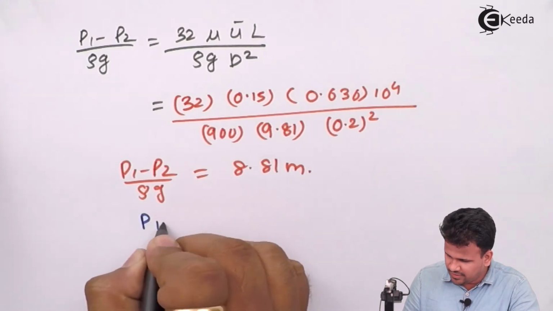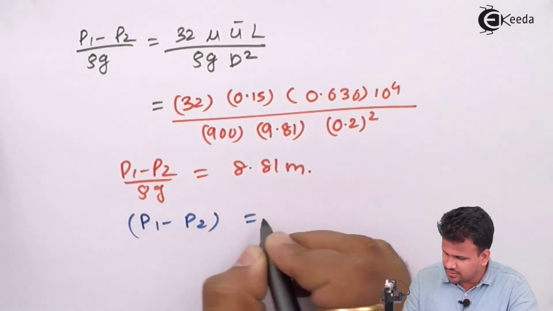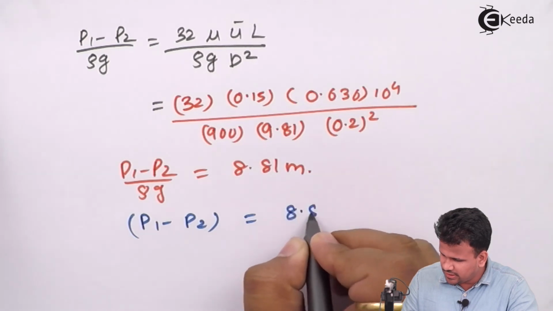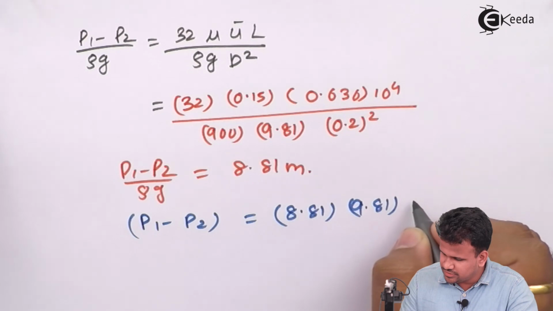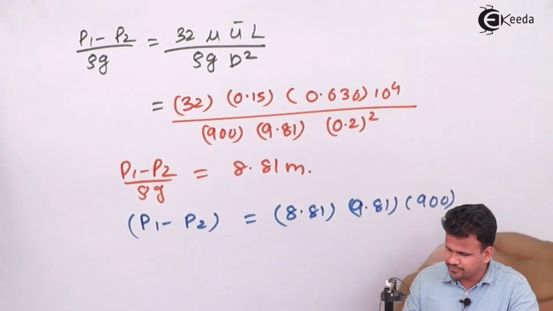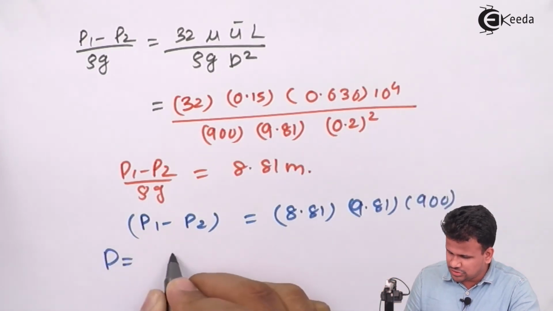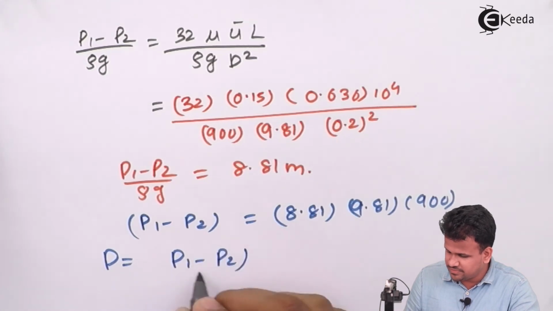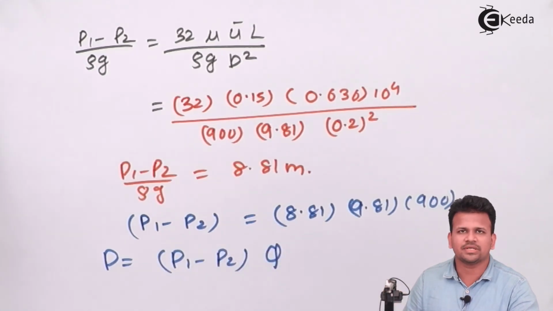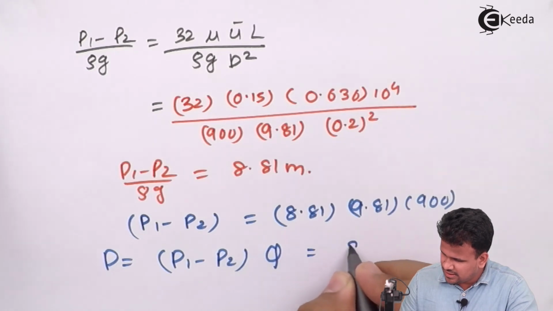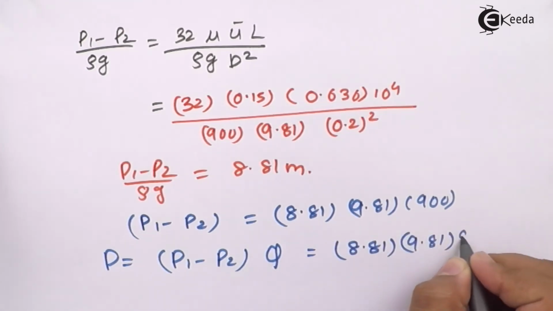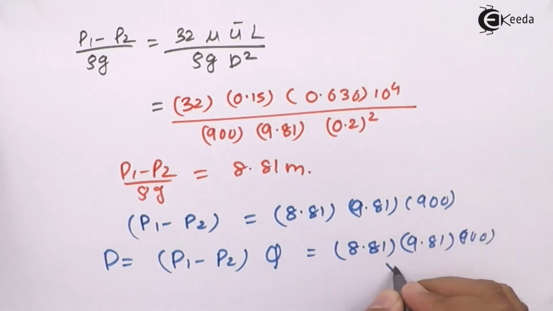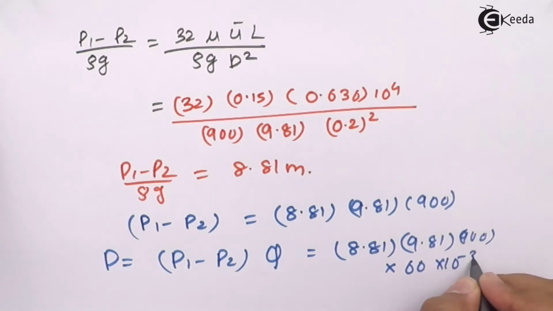P1 minus P2 will be equal to 8.81 into 9.81 into rho, which is 900. The power can also be calculated as P1 minus P2 into capital Q, so this is 8.81 into 9.81 into 900 into the value of Q, which is 60 times 10 to the power minus 3.